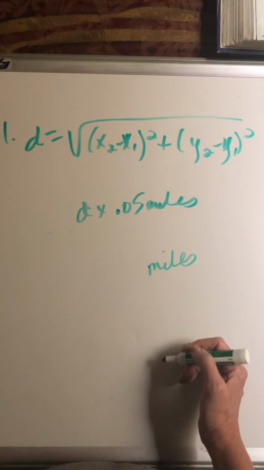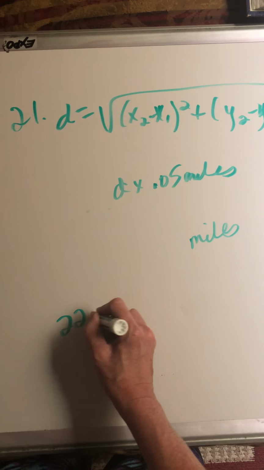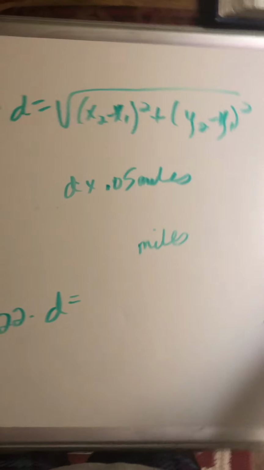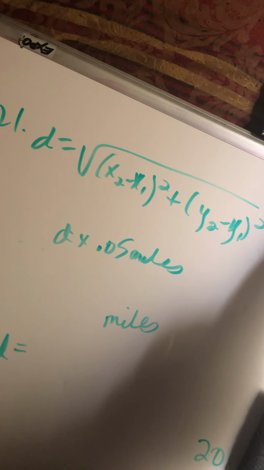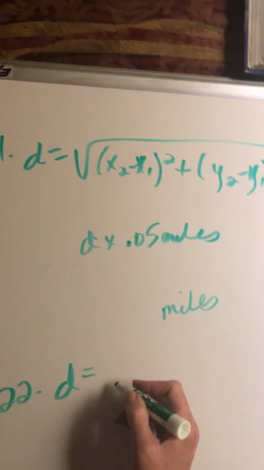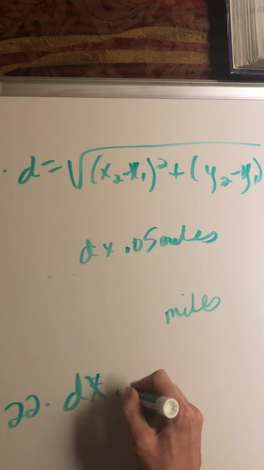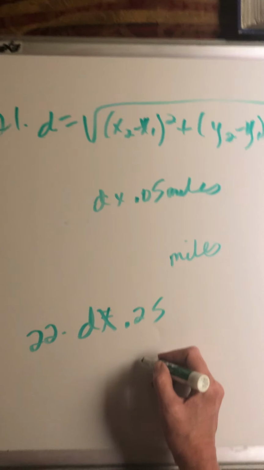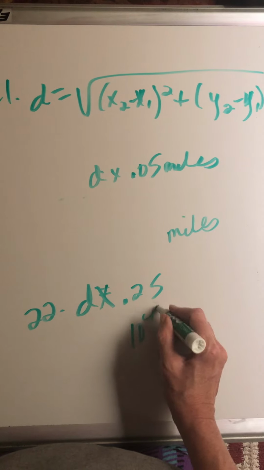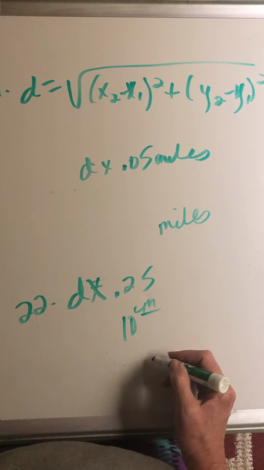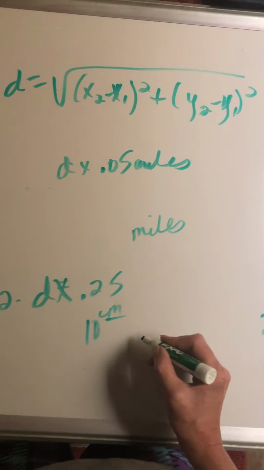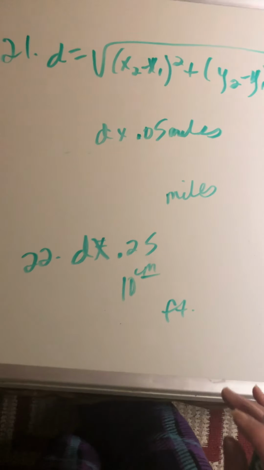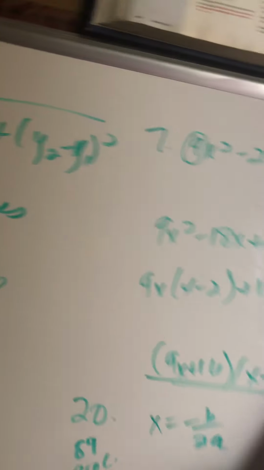Then 22 is also finding the distance, but I think they say each grid represents 0.25. So you take your distance and multiply by 0.25. This says to the nearest tenth, so make sure you round to one place after the decimal. And then label it with feet. Okay, so that'll help you with 21 and 22.